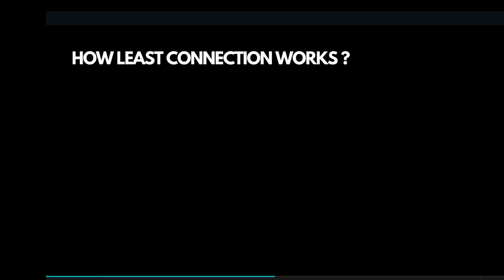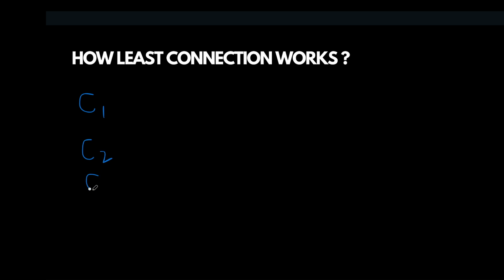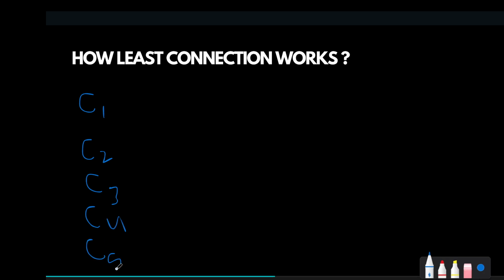Okay, how does it work? So let's just illustrate. We have several clients: client 1, client 2, client 3, client 4, and client 5. Maybe add client 6 and client 7 here.